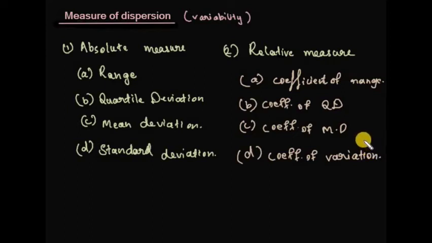Okay, now let's look at each one. The simplest possible measure of dispersion is what? Range. Range is the difference between the highest and lowest values in a given series. So let's write: range equal to highest value minus lowest value.